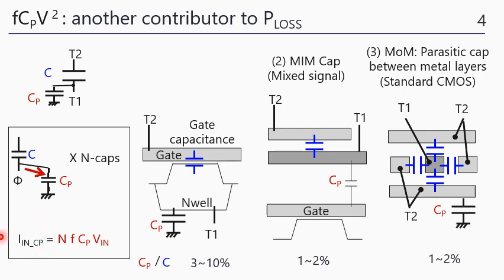So the additional input current can be calculated by this equation, because the CPV is the charge per capacitor, times N, the total amount of charge, and we run the clock with the frequency of F. So the average input current is estimated by this equation.